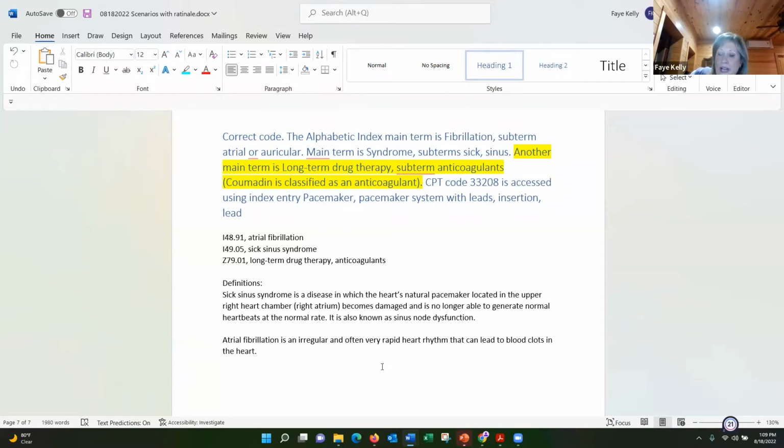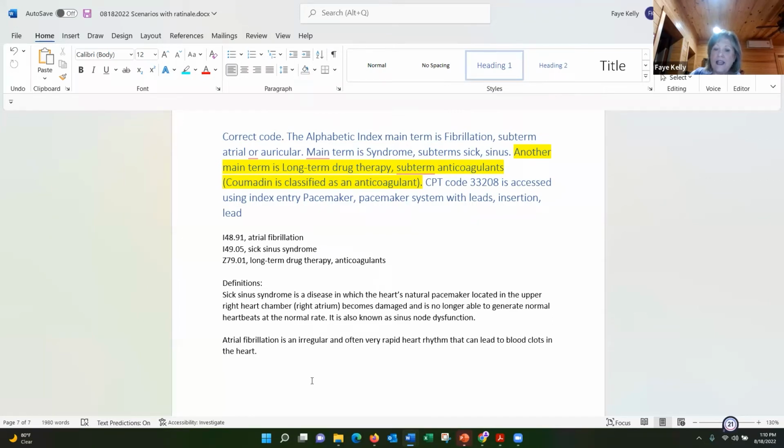Atrial fibrillation is an irregular and often very rapid heart rhythm that can lead to blood clots in the heart. You see these two a lot of times together. Think about it as diabetes with kidney disease. You're going to code both conditions because they're significant.